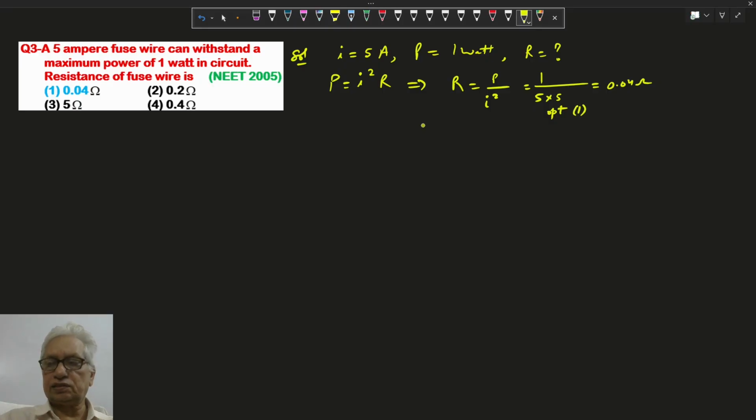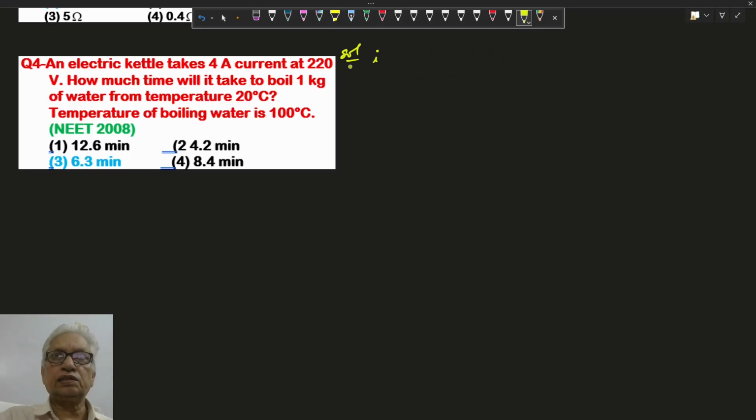1 is correct. Current here is 4 ampere, and the voltage is given in volts. We have to boil water, the mass is 1 kg. The change in temperature is 100 minus 20, that is 80 degrees Celsius.